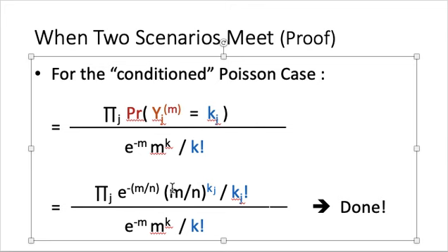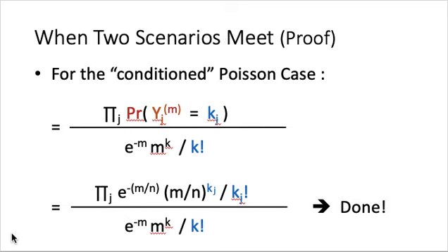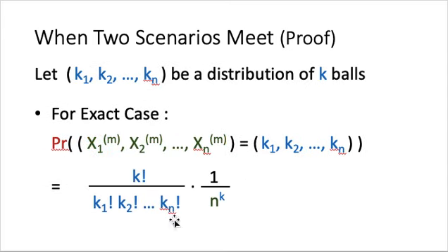And similarly, there are m to the power kj terms, and when they are multiplied to each other, we get m to the power k. So the m to the power k terms will be gone. What is left will be n to the power k, kj factorial, and k factorial. So after simplification, we get exactly the same bound as we see here. So we have now proven the theorem to be correct.